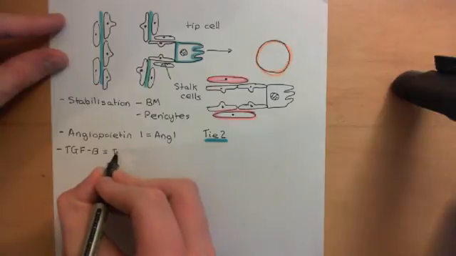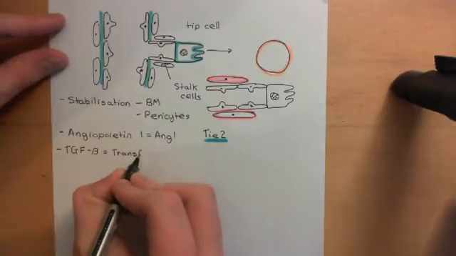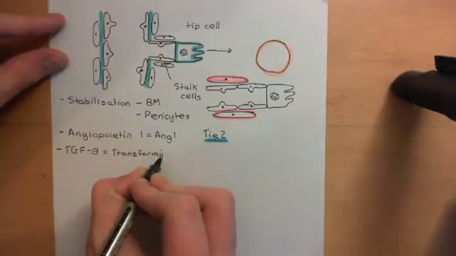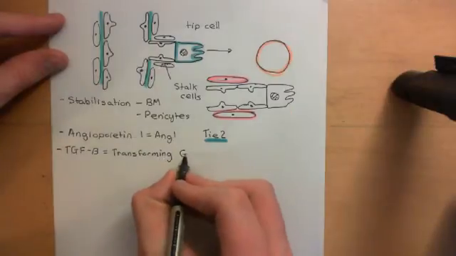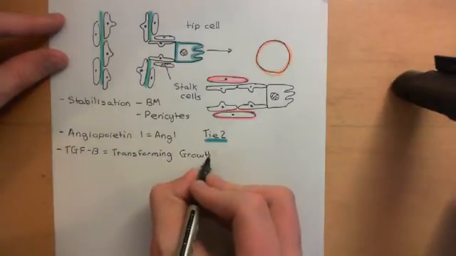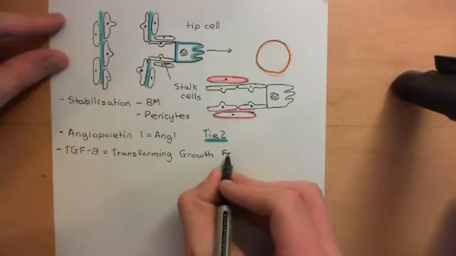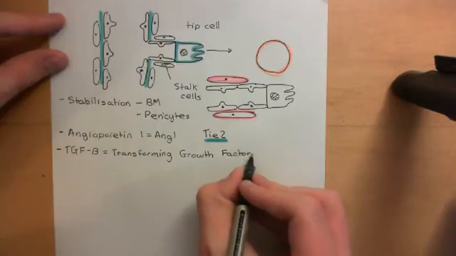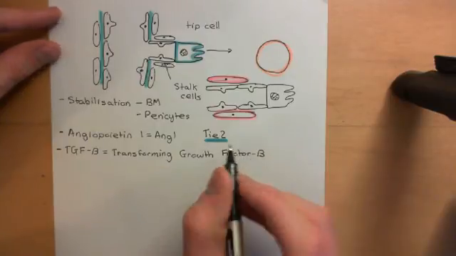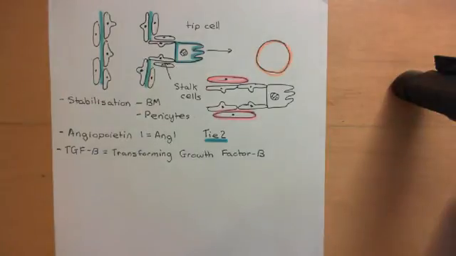Now, there isn't just one transforming growth factor beta, there are multiple of them. However, for our purposes, we'll just group them all under the title of transforming growth factor beta.